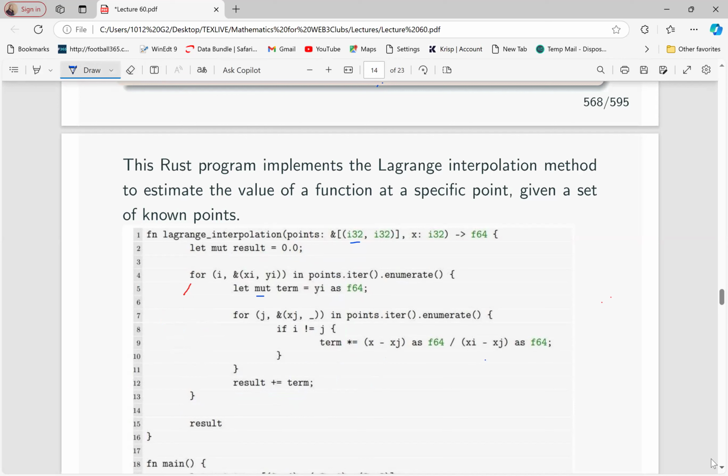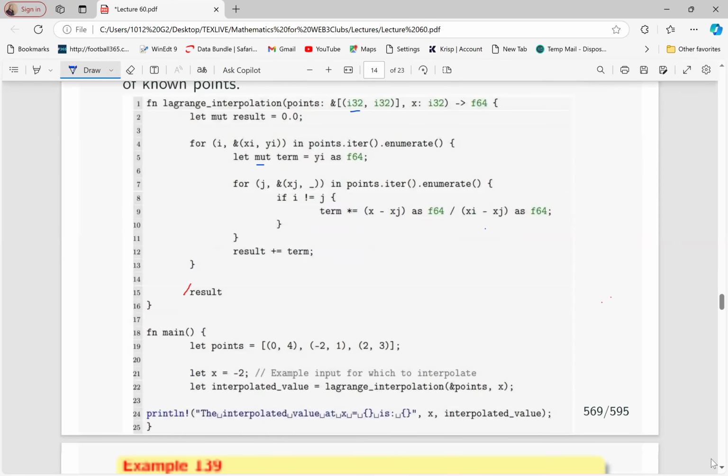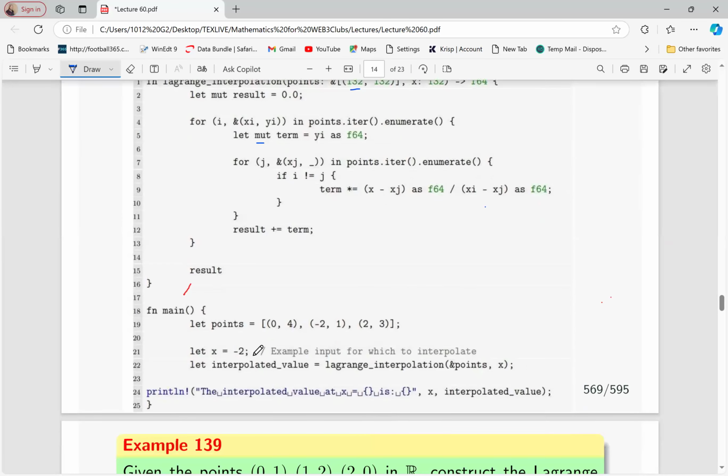So this was a very short code. Of course, the main function is here, where you put your values, and after inputting your values, it calls for the Lagrange interpolated value.